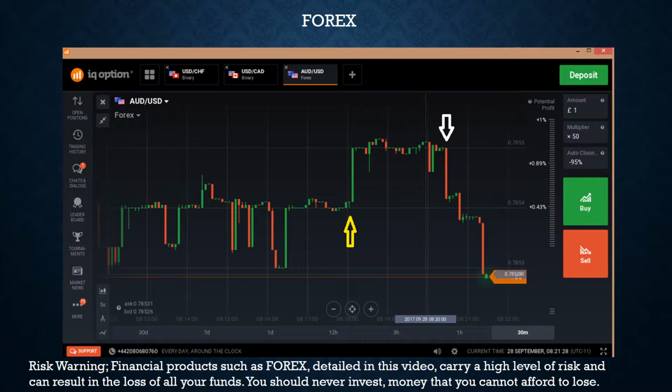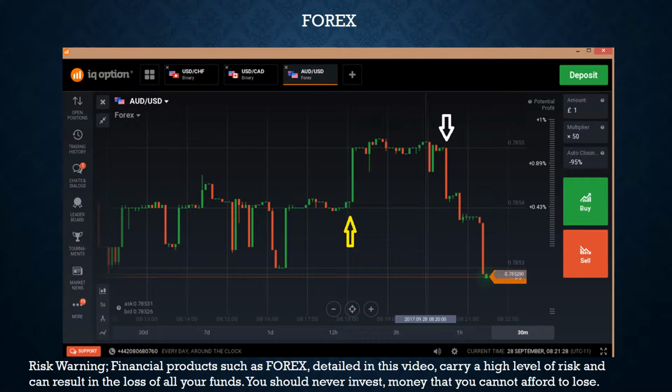And conversely, if we look at the white arrow where we can see the price dropping, if at that point we'd used a put option, then similarly we'd be in the money. And that's essentially how the Forex market works.